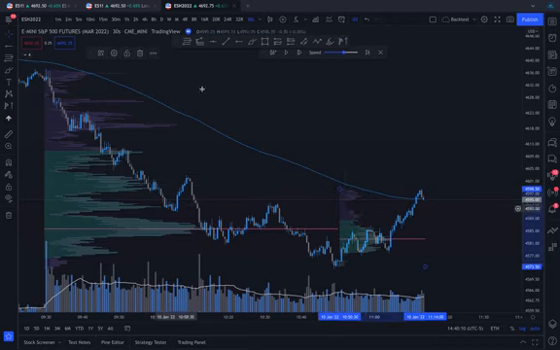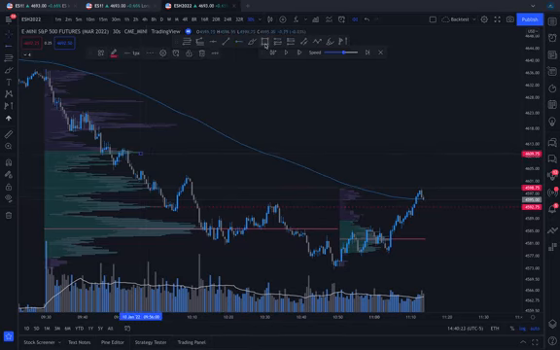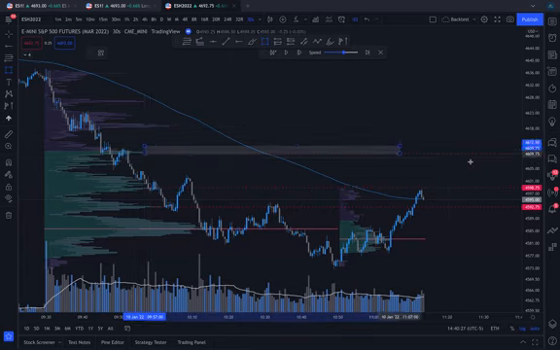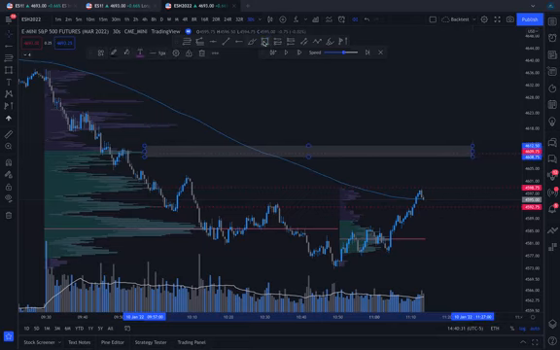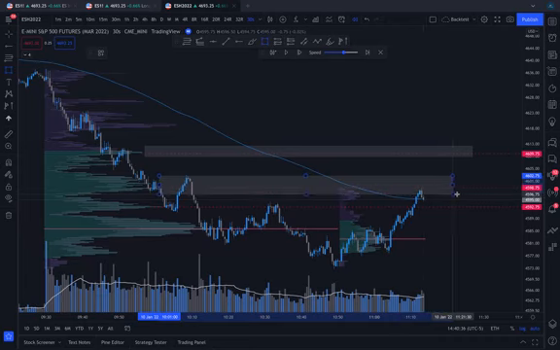So as you're coming up, you may want to be aware of those previous volume areas because those are going to act as resistance. If you're long and you're approaching those, you might want to at least tighten up your stops a little bit. My computer's slowing down a little here. These are areas where we know we just want to exercise a little caution, right?